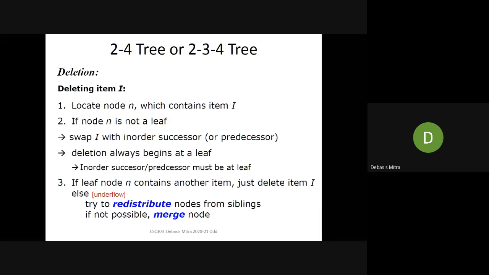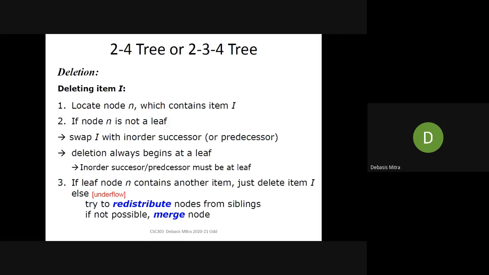So either you are asked to delete an element which resides in a leaf, or even if you are asked to delete an element which is present in an internal node, still actual deletion will take place from a leaf node.